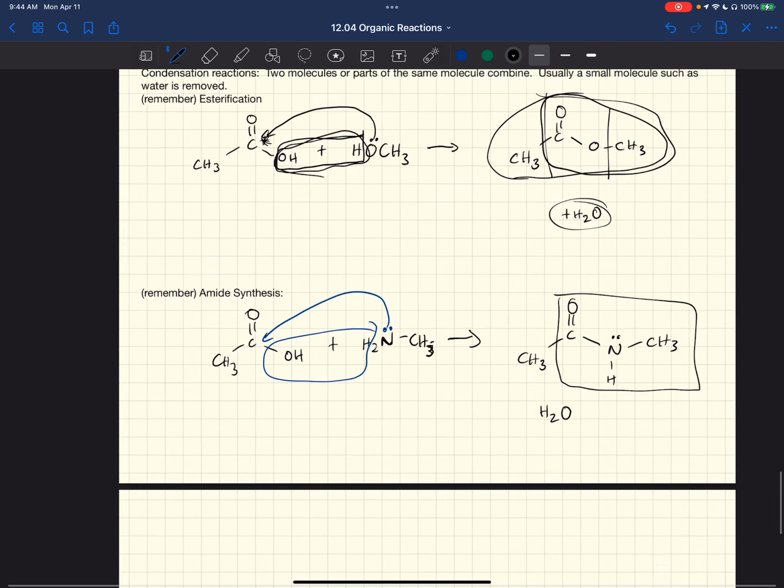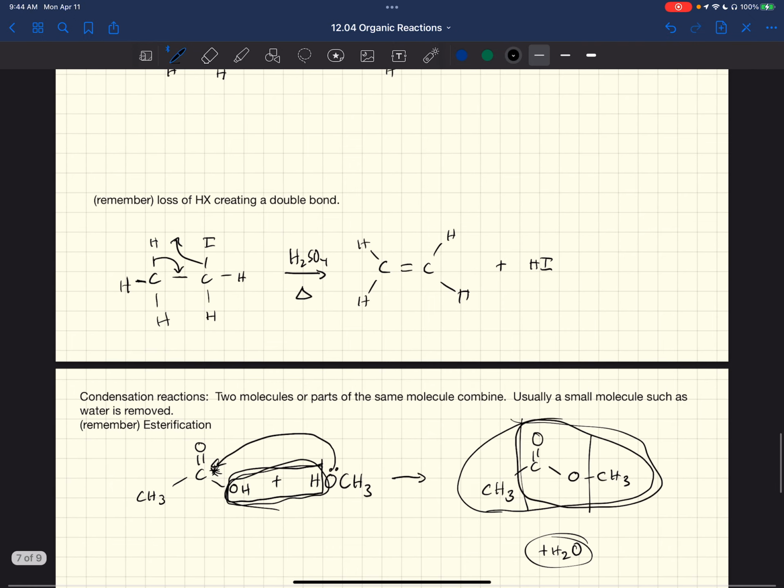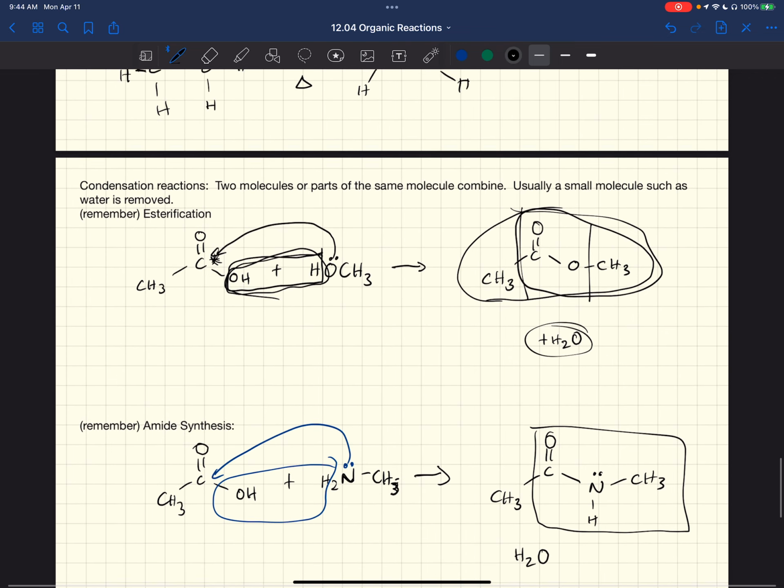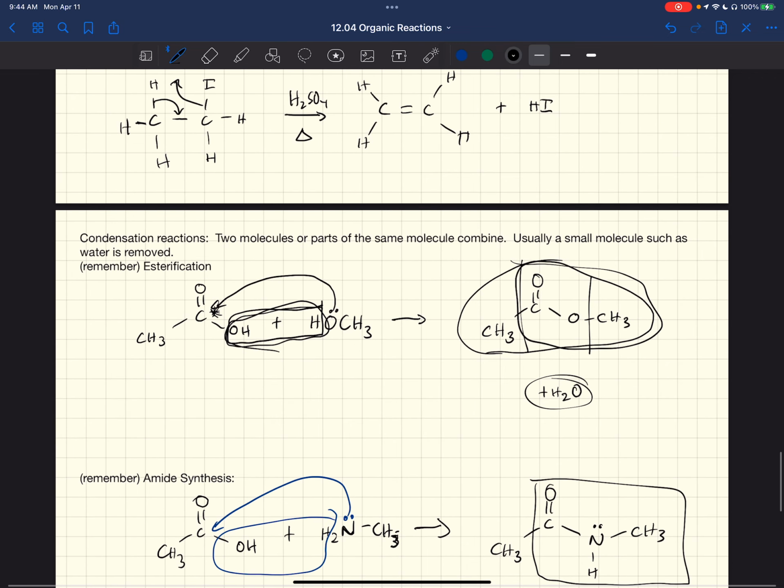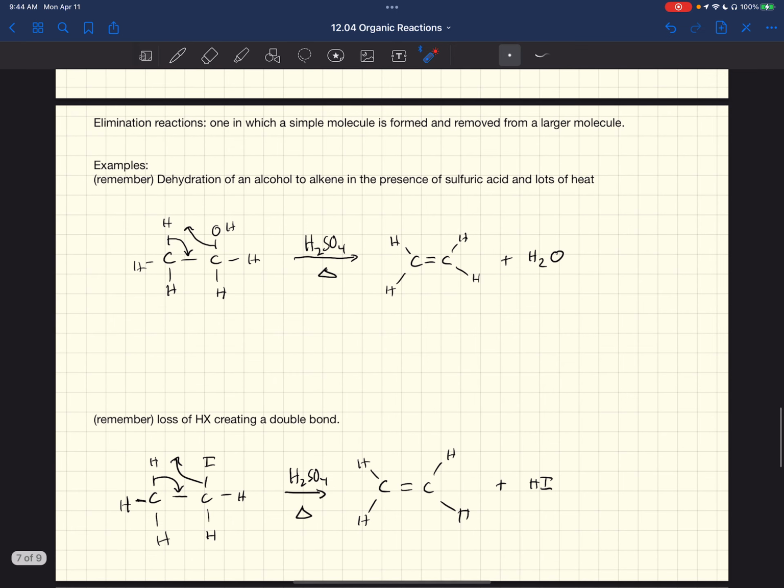Okay, so those are all the reactions that you need to know. The condensation reactions, where you have a carboxylic acid reacting with either an alcohol or an amine. You have the elimination reactions, which the ones that I'm going to ask you for use sulfuric acid and heat as catalysts.